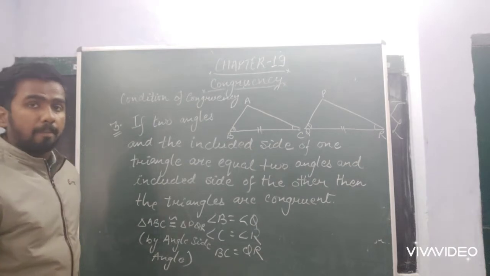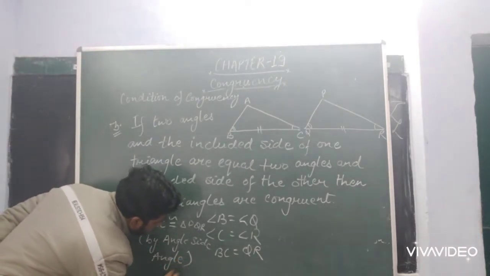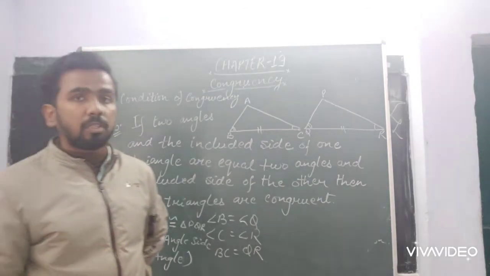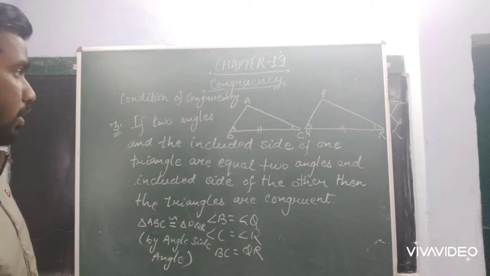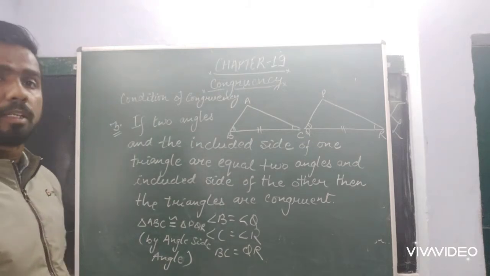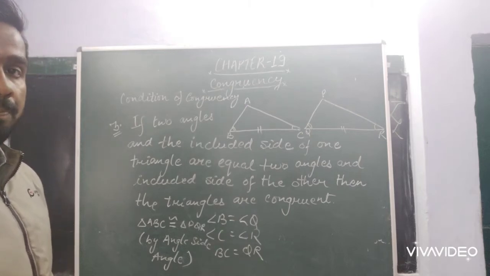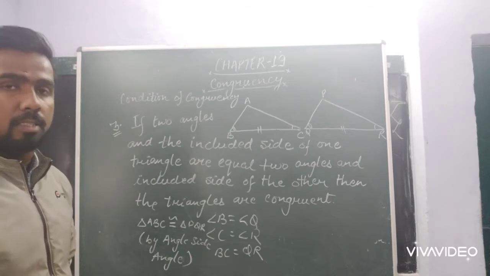Is it clear? So this is the third condition for congruency, which is angle-side-angle. Clear? Look at the board. Then we move on to the next condition.